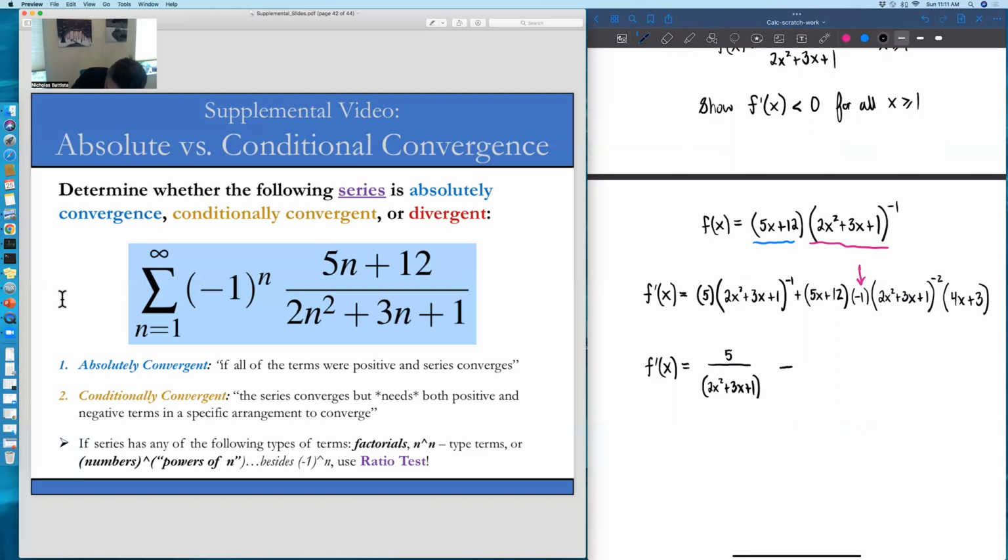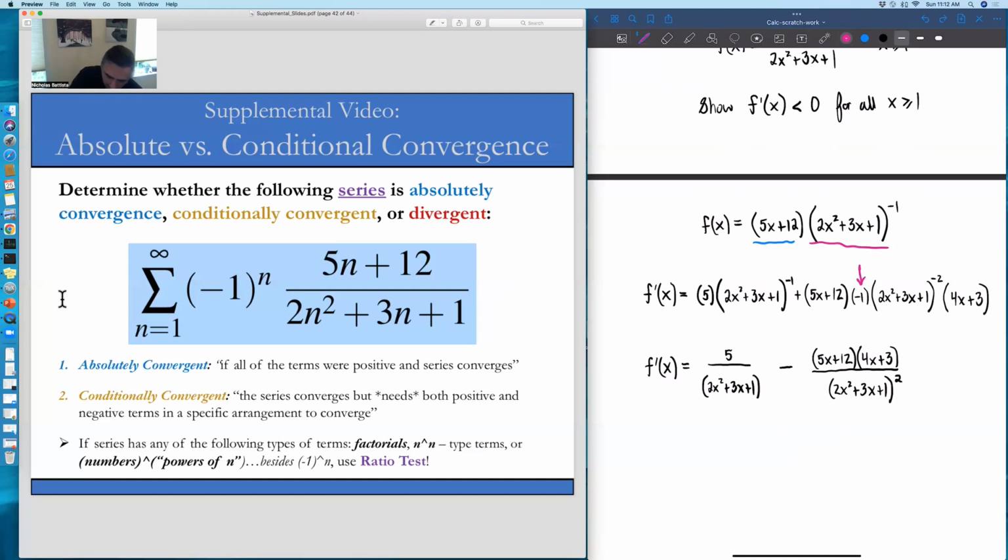We get a minus 5x plus 12 times a 4x plus 3 all over that denominator 2x squared plus 3x plus 1, that whole quantity squared. Again, that's taking this term and just using that minus 2 power.